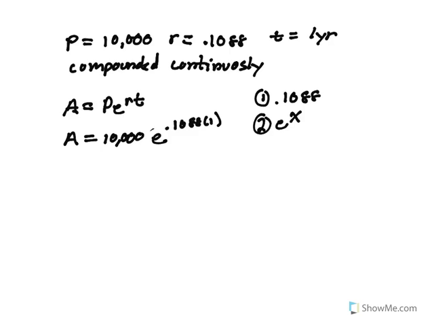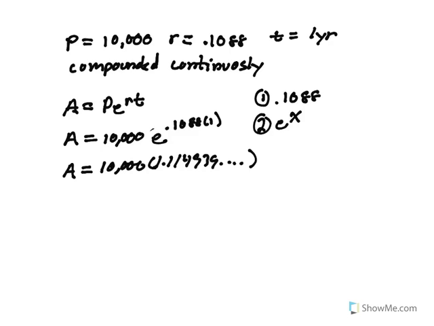So let me give you that value so that you can see it. Type in 0.1088 and then hit e to the x, and you're going to get this: 1.114939, etc. Use every single number that you see on the calculator, so you get a very accurate answer. Don't round anything.